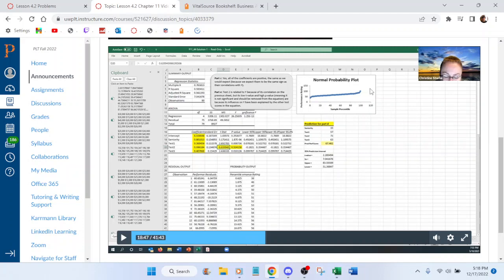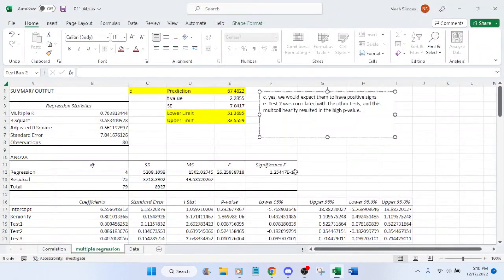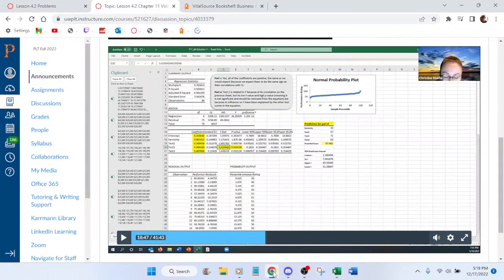It's related to Y. Oh, I get it now. It is still related to Y because of the correlation shown on the correlation tab. Now I actually get what Y is.